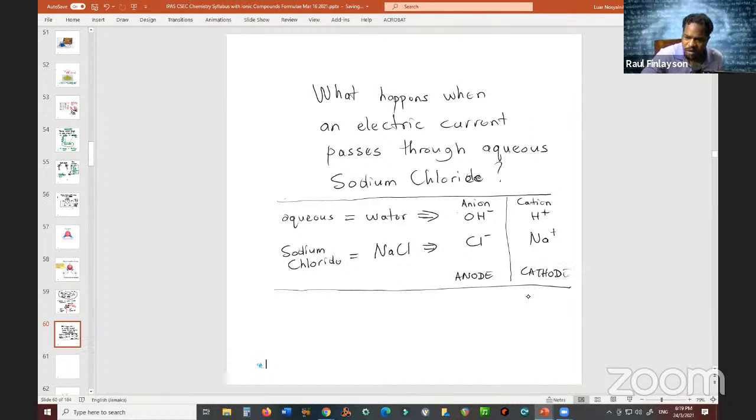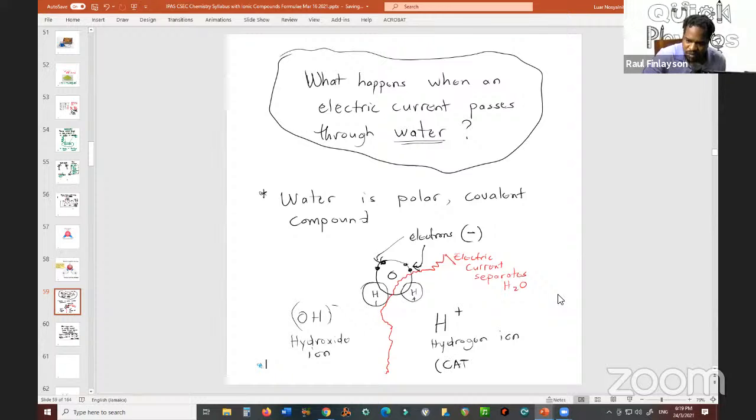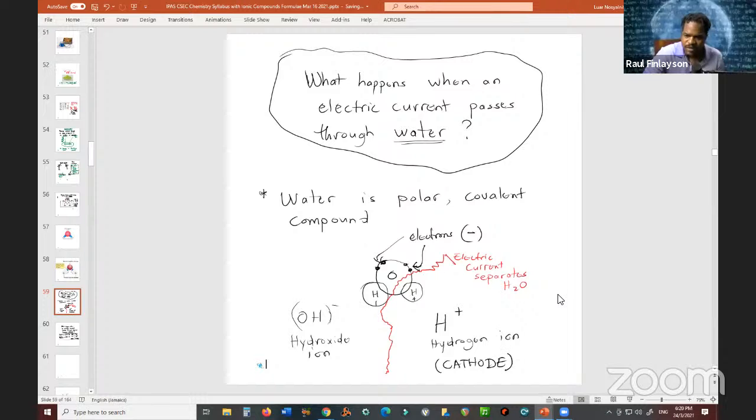If we go back to water, if they ask you at which electrode, the hydrogen ion, because this positive is going to come off at the cathode. The electrode has the opposite charge to the charge of the ion. So this minus is going to go to the anode here.